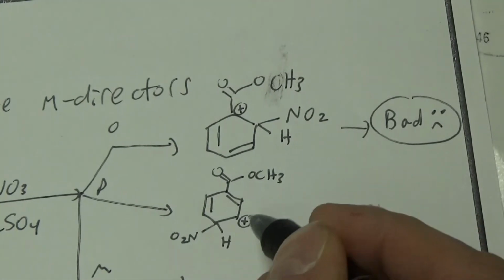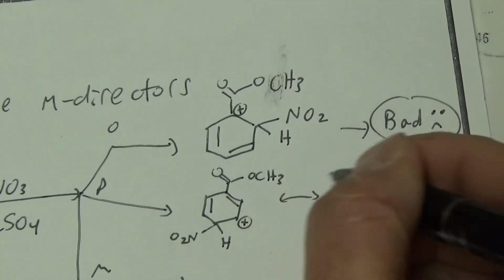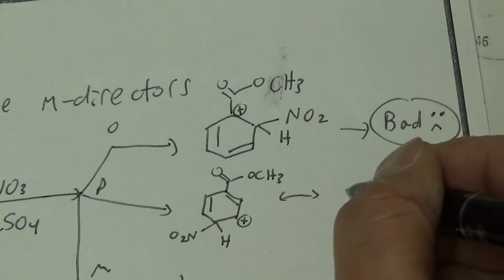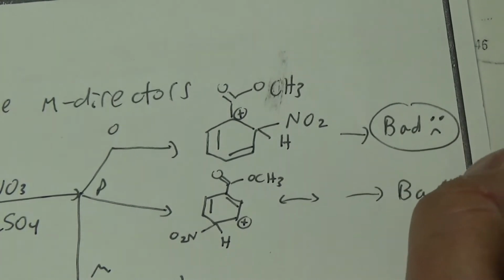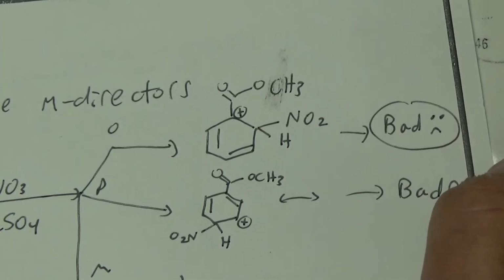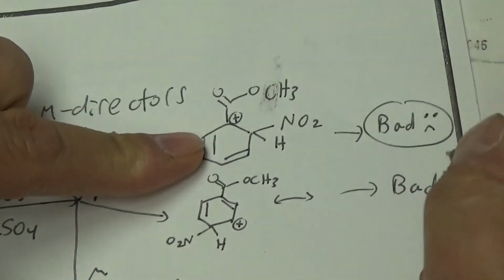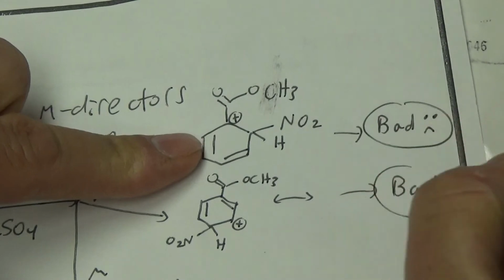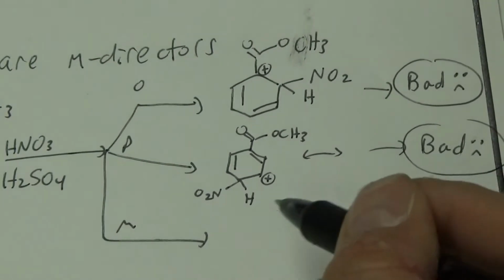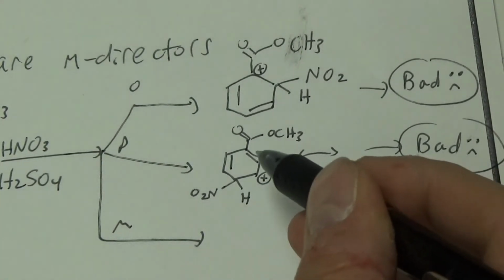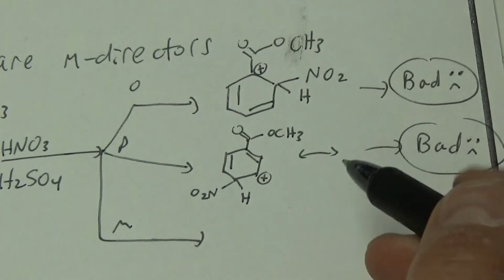You don't see it immediately, so you draw the resonance structure, and then you eventually say it's bad. I'll let you do some of that work. Same thing, we draw the resonance structure to show that the plus charge is next to the ester, and that's bad.